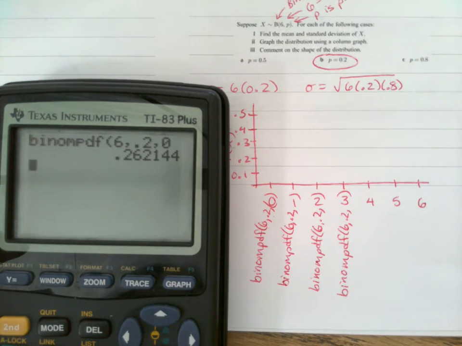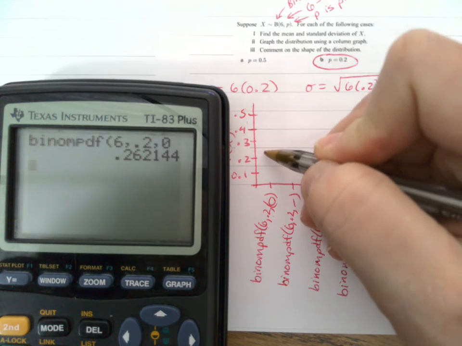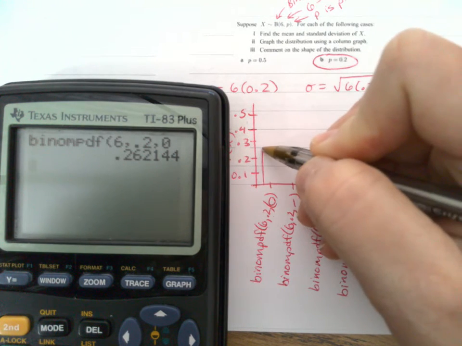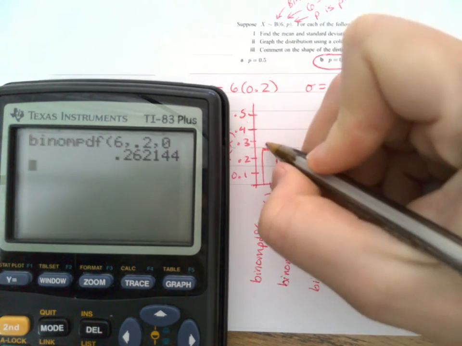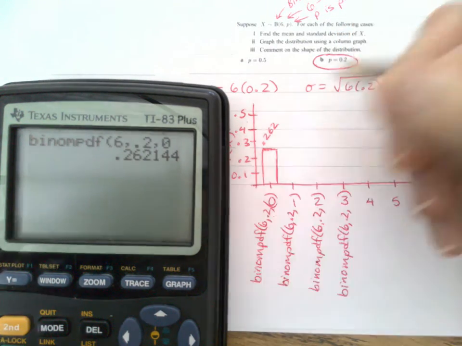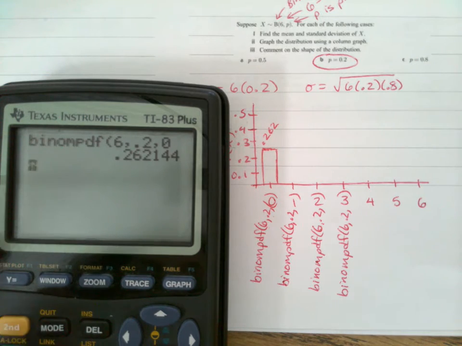All right, 0 successes actually isn't that unlikely. So 0.262, we'll put it right about there.